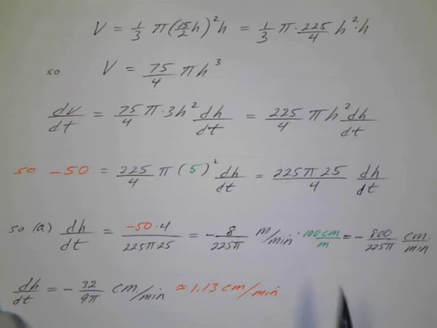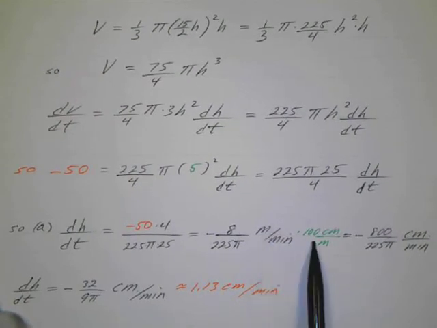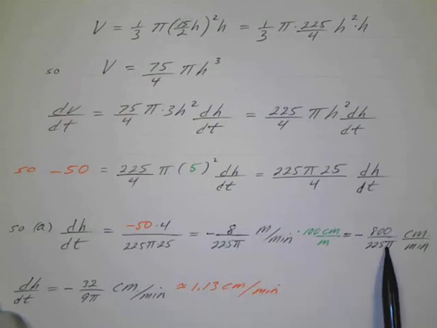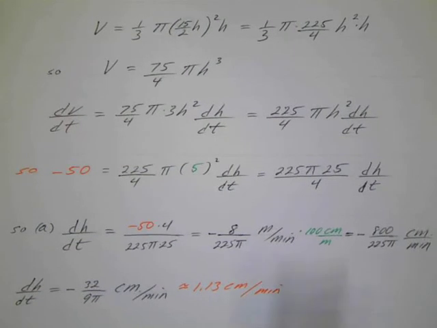So I have to multiply by 100 centimeters per meter. The meters cancel. So I've got 8 times 100 is 800 over 225 pi centimeters per minute. Okay, so that's my dh/dt.